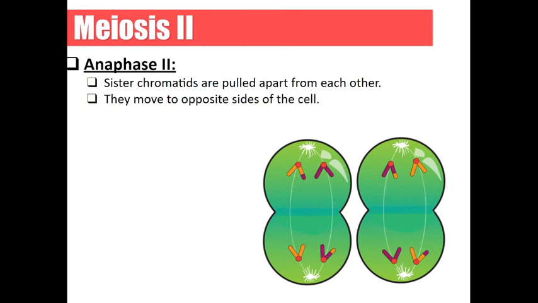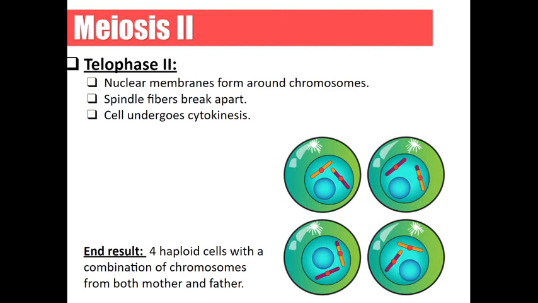And this is going to lead to our telophase 2, which is when the nuclear membranes are going to form around the chromosomes. Your spindle fibers are going to break apart, and the cell is once again going to undergo cytokinesis.